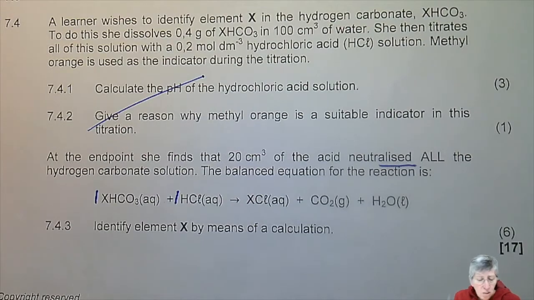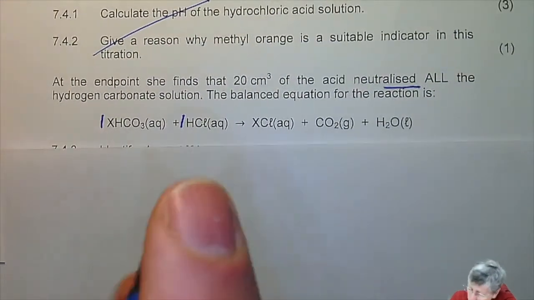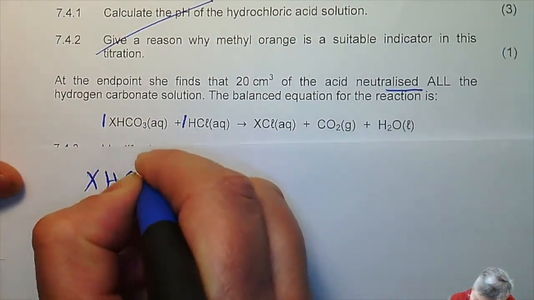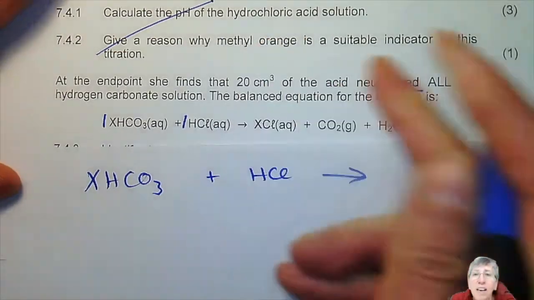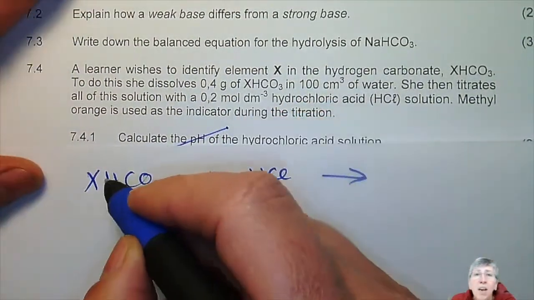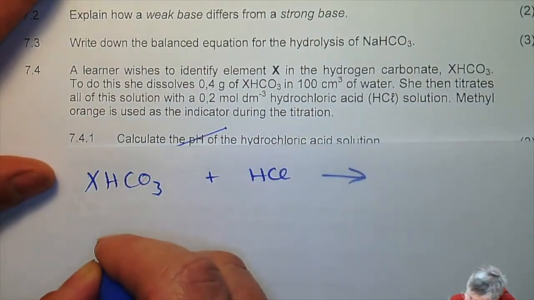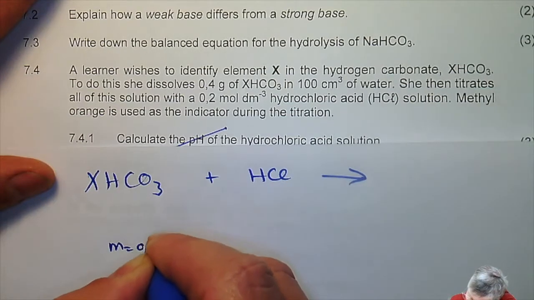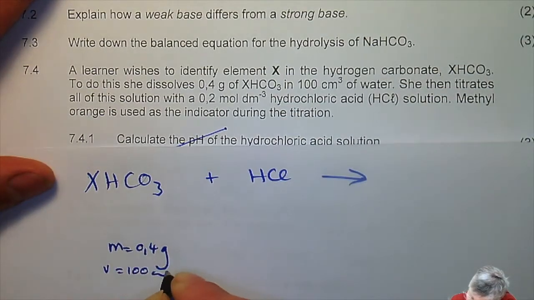Now let's start by seeing what they gave us and what we need to work towards. We have XHCO3 and we've got HCl, and that is going to react, and it is already balanced. Now, what do I know? I know of the XHCO3, they gave us a mass of 0,4 grams, and the volume over there, 100 cube centimeters.